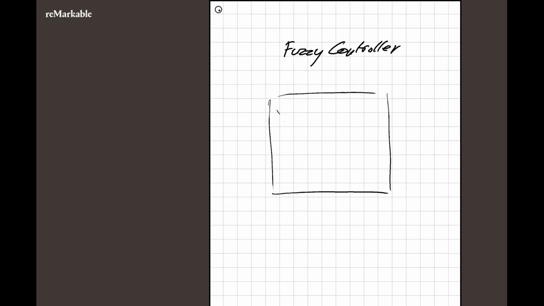So the fuzzy controller then has the following structure. If we have this controller, it takes in this input signal, so the error.